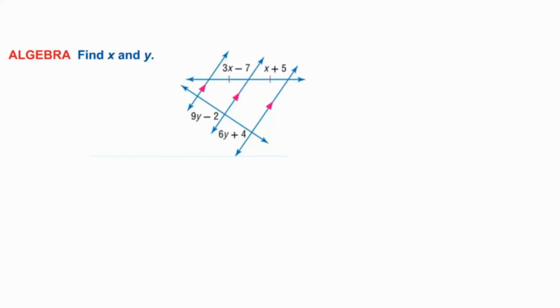In this problem, we want to find x and y. We have these 3 lines are parallel to each other and they cut off congruent segments in one transversal, which tells us that the other transversal where they cut that off is also congruent. So we know that 3x minus 7 equals x plus 5, and we're going to solve for x.